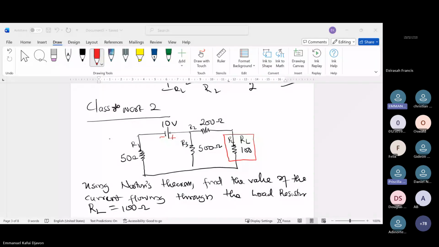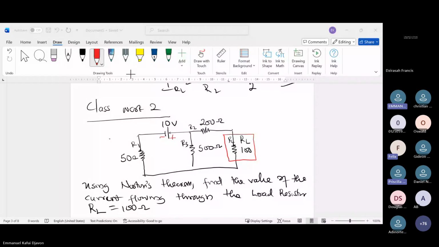You have your supply current, which is 0.0518. Then the Norton resistor, you have 192.86. Then the load, you have 100 ohms. That one is already in the question. Then you do Rn times RL, all over Rn plus RL.